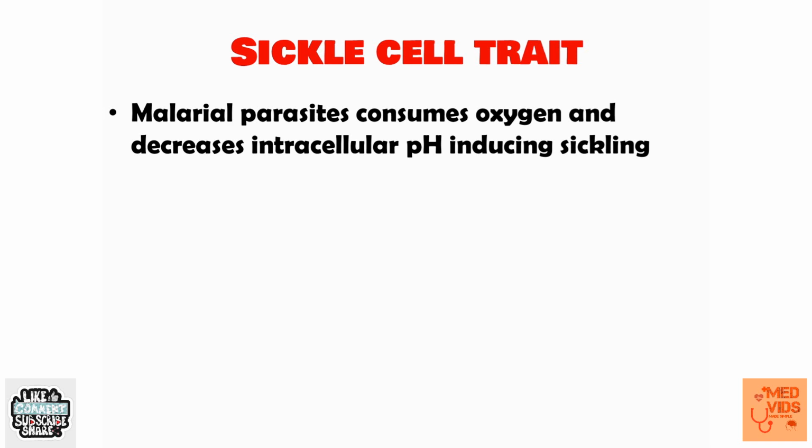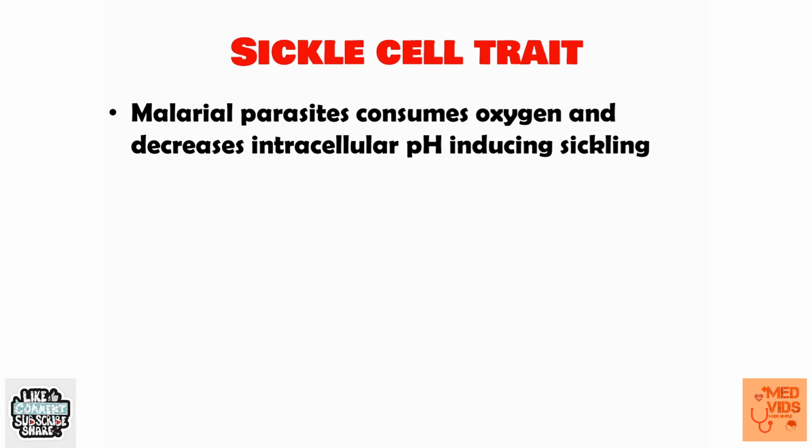If you remember that, if a healthy red blood cell is infected by a malarial parasite, the parasite normally consumes the oxygen present in the red blood cell, and it also decreases the intracellular pH, making the inside of the RBC more acidic. So when it infects the RBC of a person with sickle cell trait, it consumes the oxygen in the RBC and decreases the intracellular pH, making it an acidic medium.